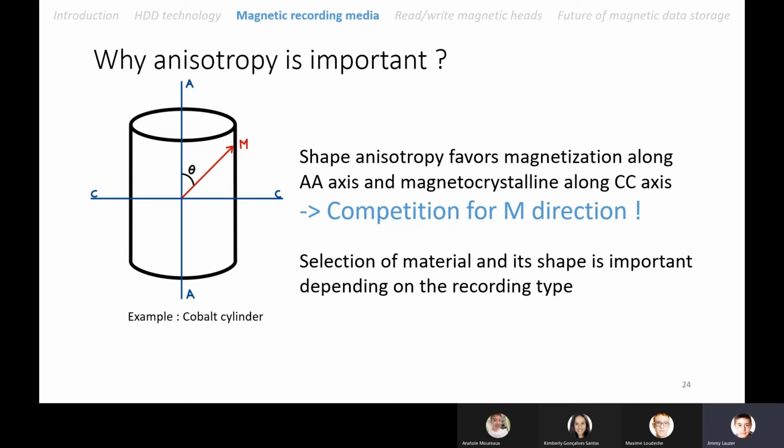Indeed, the shape anisotropy will favor the magnetization along the AA axis on the figure, while the magnetocrystalline anisotropy will favor it along the CC axis. As a result, we have a magnetization direction in between both axes. We can then conclude that the selection of materials used for the recording and its shape are important regarding the desired recording type.